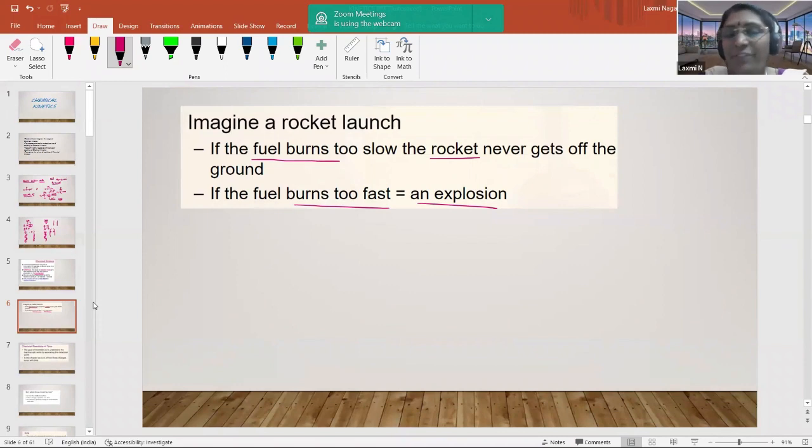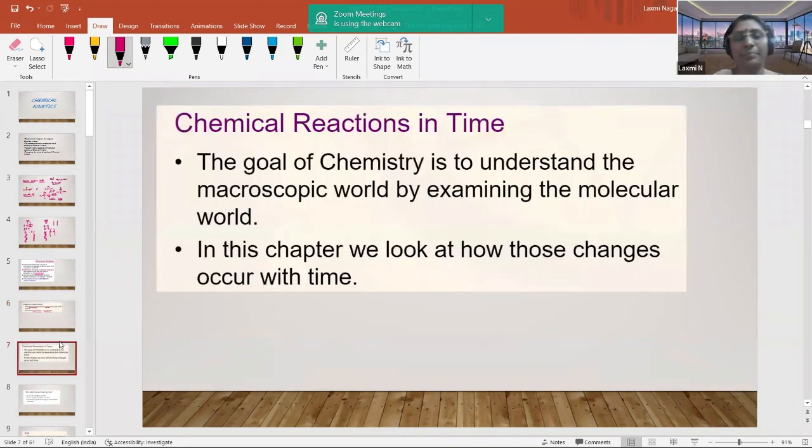Make them feel the chemistry. That is one way we can make them more interested in chemistry, first of all. The goal of chemistry is to understand the macroscopic world by examining the molecular world. We are trying to understand the small changes that occur during chemical reactions.